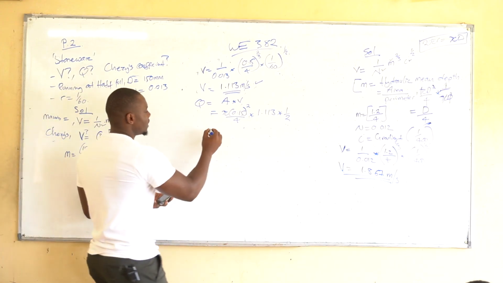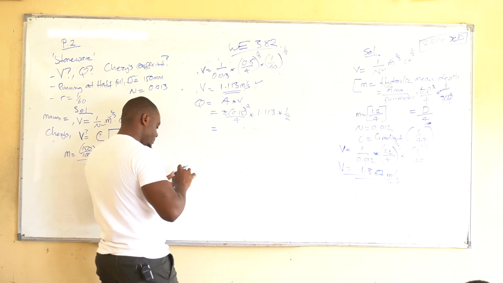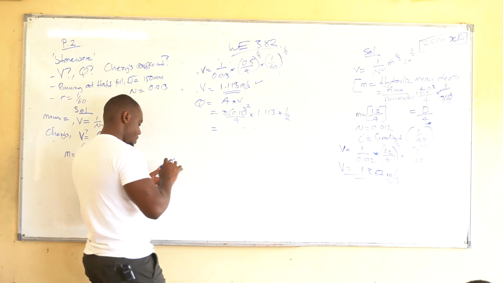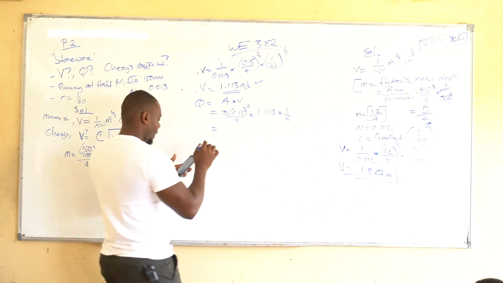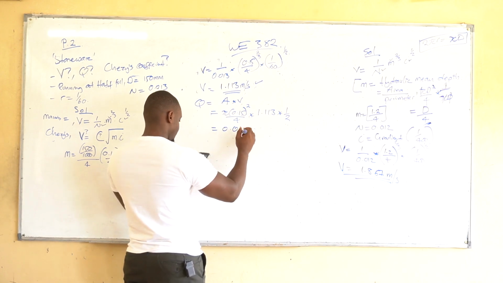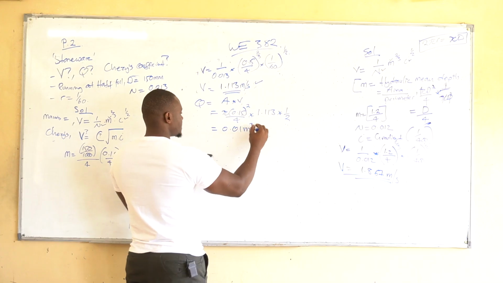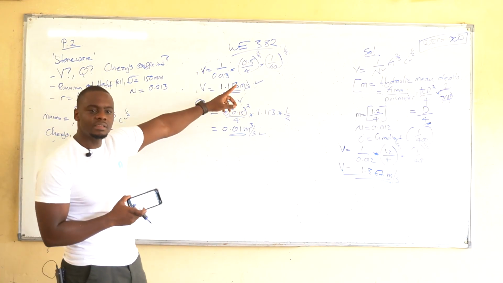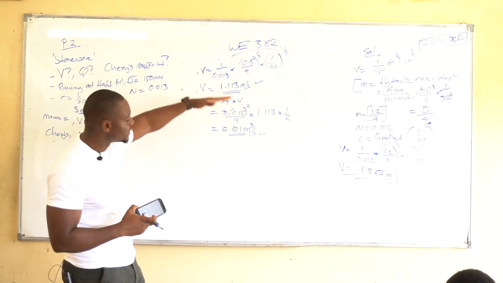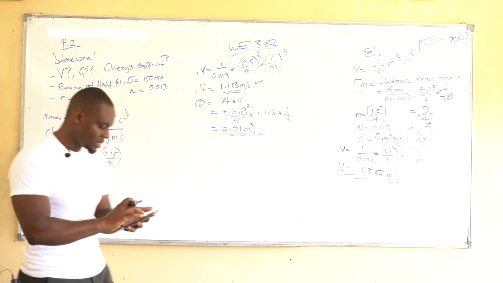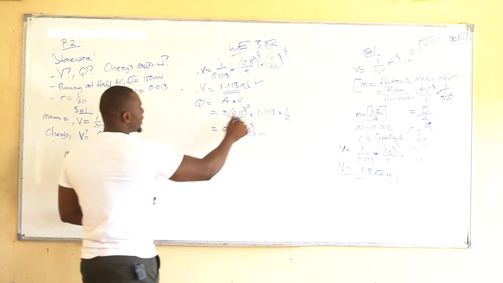If you went about it the right way and didn't make a mistake, you should have a discharge of 0.01 cubic meters per second. So notice how these are linked. If you make a mistake just on the velocity, it means your discharge will be wrong. It means your Chezy coefficient will also be wrong. Are we okay so far?